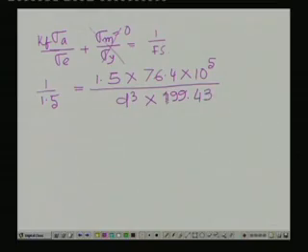What is this one? Just one second, let me rewrite this one neatly.